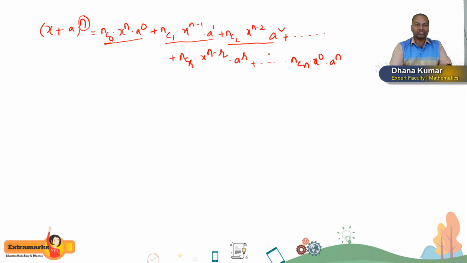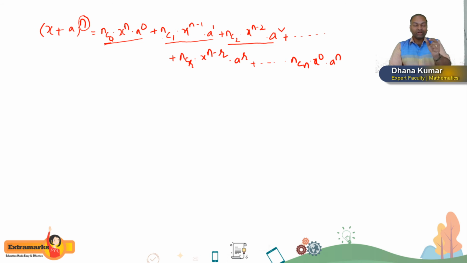And next, here in x plus a, x is the first element, a is the second element. In every term, for the first element, the power you write down is the difference: n minus 0, n minus 1, n minus 2, n minus r, n minus n, 0.